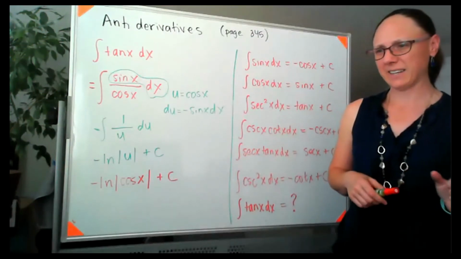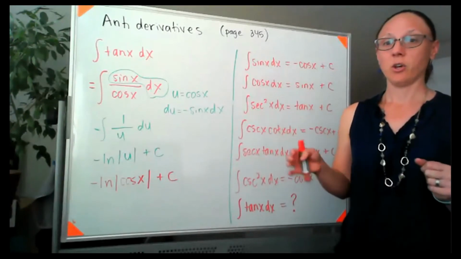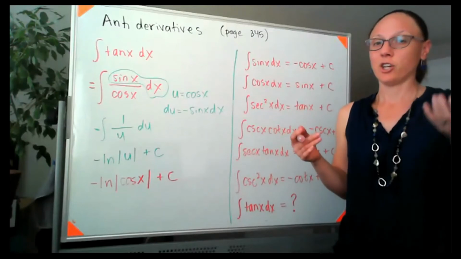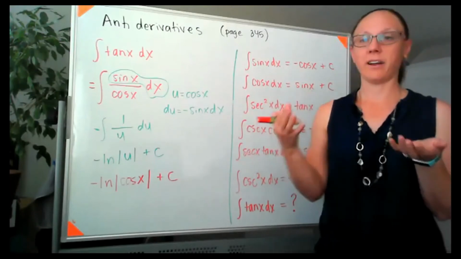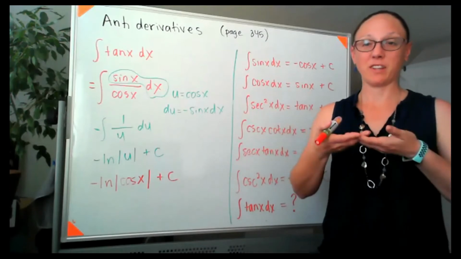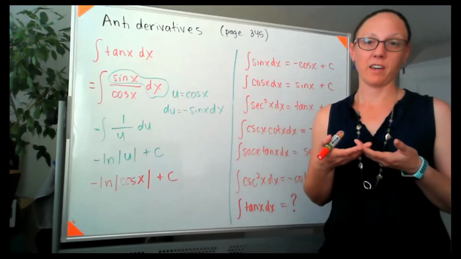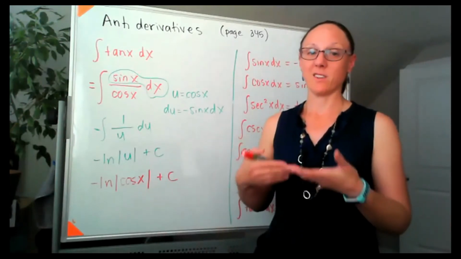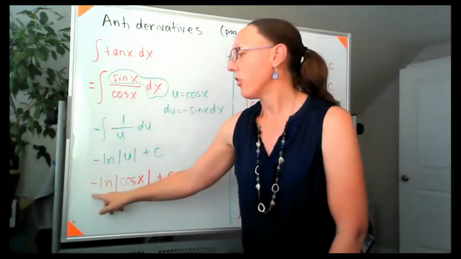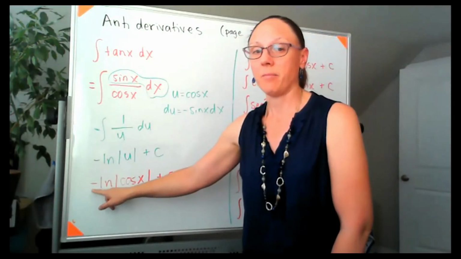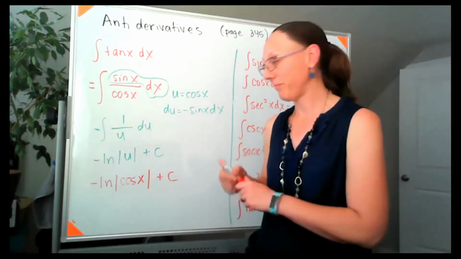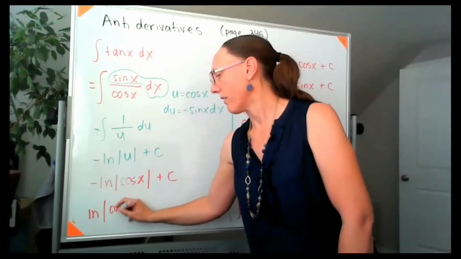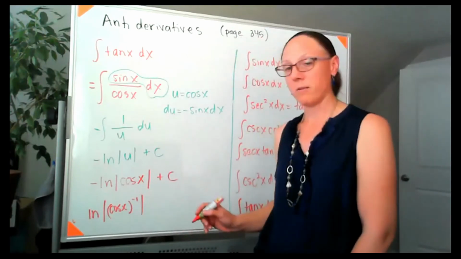And in section 5.7, there are problems in there that are asking you to use a table and then plug it into an integral calculator and see if you get the same thing. And when you don't get the same thing, do the work to make them look the same. So here, doing the work to make things look the same would be noting that that negative 1 in front of the ln can come inside as an exponent to turn that into natural log of cosine of x to the negative 1 power.